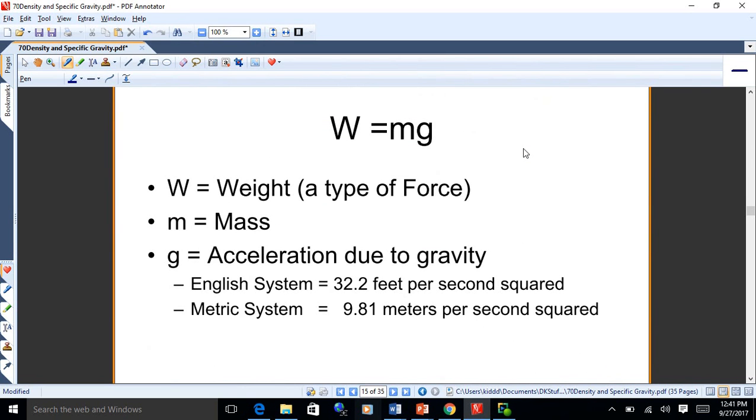Mass is how much atomic material is in an object. A good example: here on the Earth, I weigh about 180 pounds. If I go to the moon, my mass will stay the same, but what happens to my weight? It goes down.